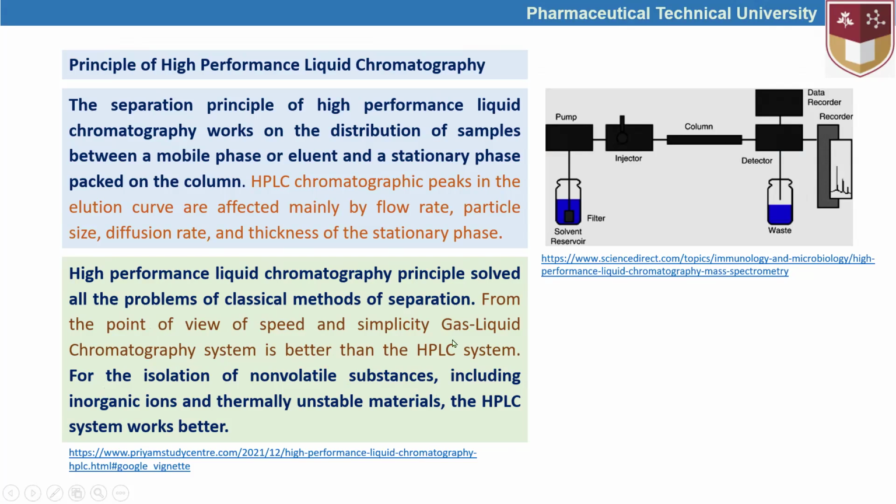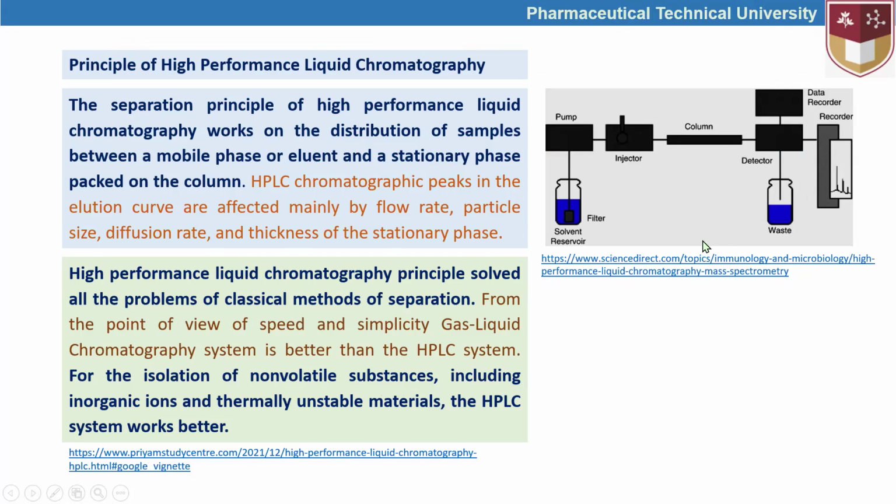So gas liquid chromatography has its own advantages, such as speed or simplicity. And the liquid chromatography system has its own advantages, like the possibility of use for non-volatile substances as well.